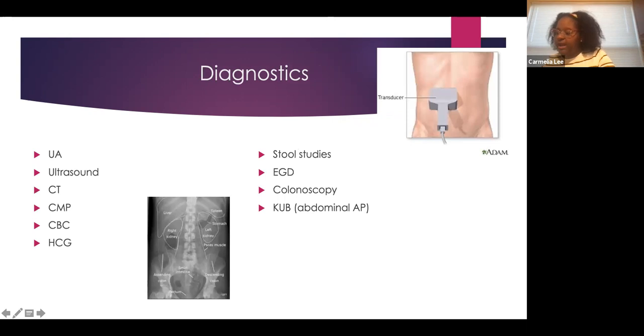All right, so once you have these complaints, what do you do with them? How do you figure it out? So a lot of times for GU and GI complaints, your urinalysis is one of your first steps, especially to diagnose is it a UTI.